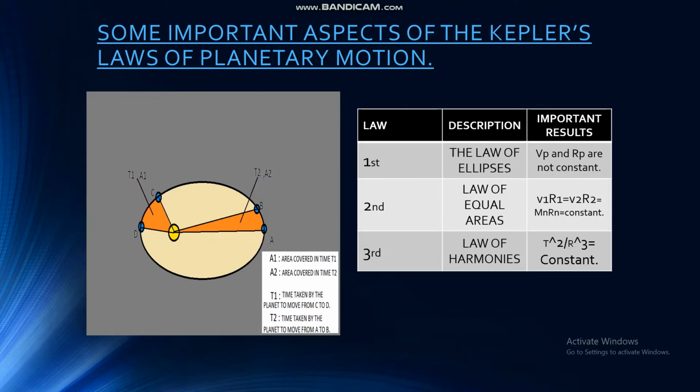The second law is the law of equal areas, in which V1 R1 equals V2 R2 equals Vn Rn equals constant. And the third law is the law of harmonies, where T squared upon R cubed equals constant.